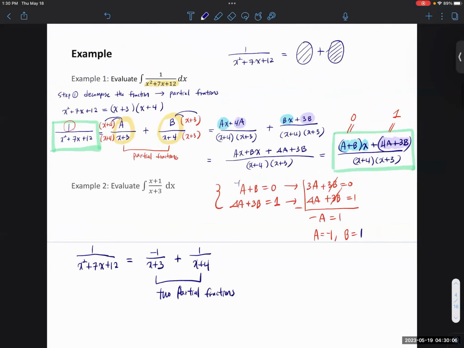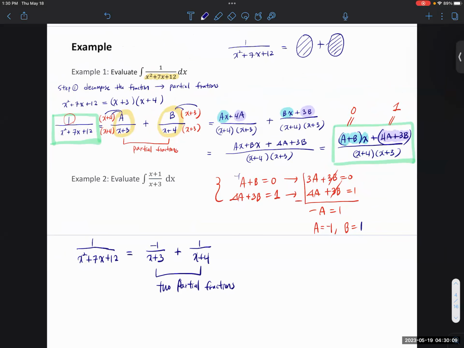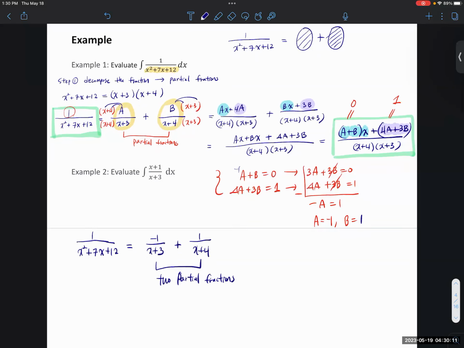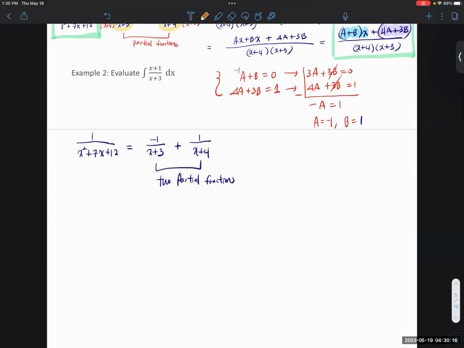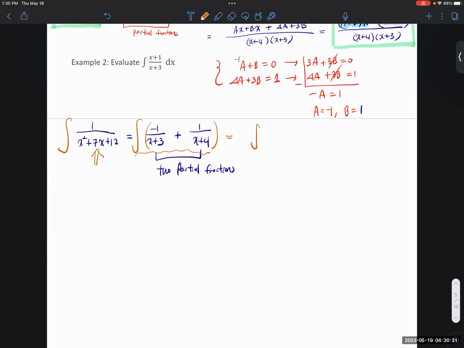So we didn't know what a and b were, but we were able to find them. So now what happened? We are going to take the integral. Instead of taking the integral of this complicated fraction, this is going to be much easier. So now you're going to take the integral of the partial fractions. If I separate it, negative 1, I'm going to put it in the front, integral of 1 over x plus 3 dx plus integral of 1 over x plus 4 dx.